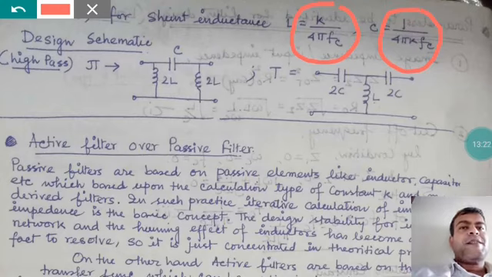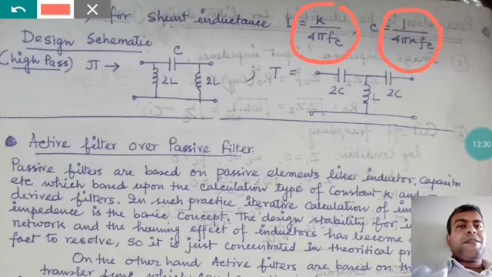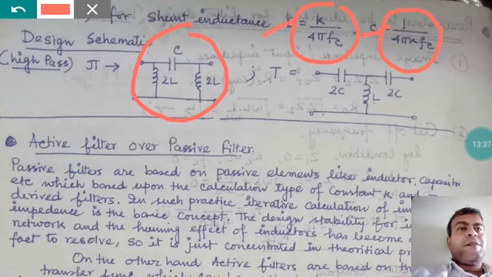So what is the consideration of that high pass network? It can be easily constructed in the pi and T proportion. If you consider the pi proportion, it is like this: C, 2L, 2L. You find the value of L and C by this method, and just put them in a pi form, and you will get the pi network.